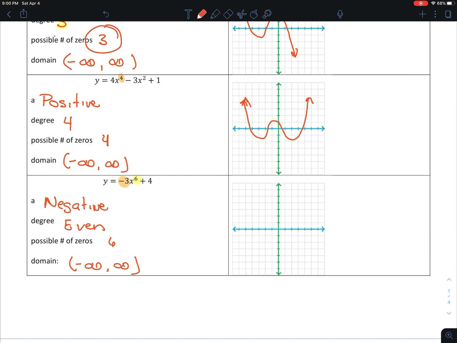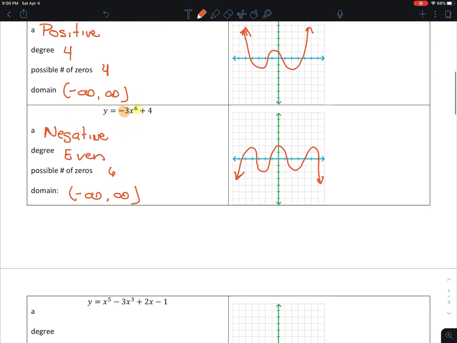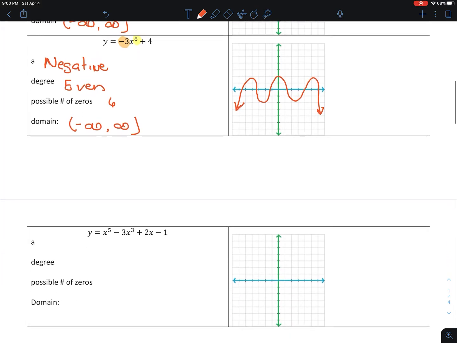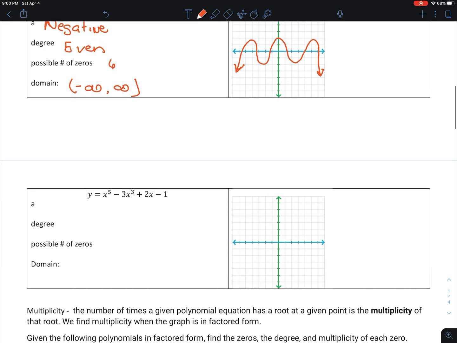So this would look sort of like this, and it could cross the x-axis as many as 6 times. So I'm going to go 1, 2, 3, 4, 5, 6. So it would look something like that. Not to say it looks exactly like that, because I think there's some multiplicity somewhere in there, but that's just a basic guess of it.